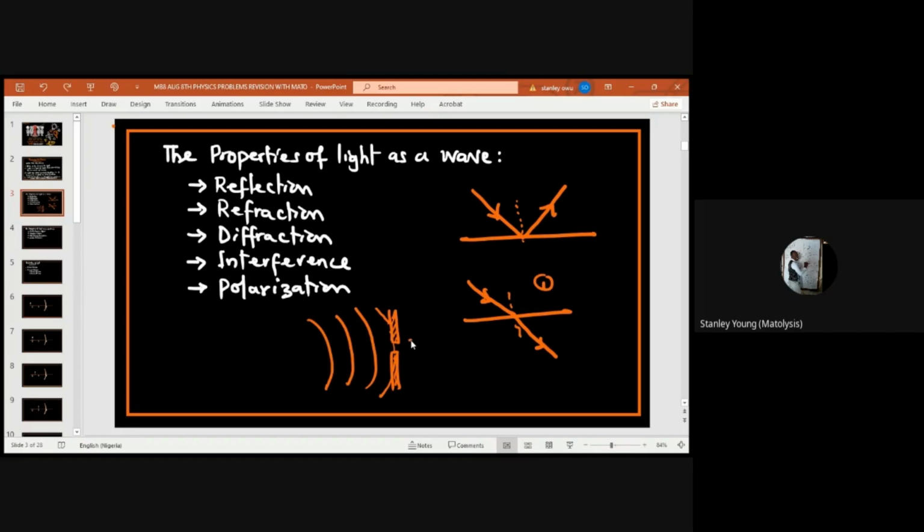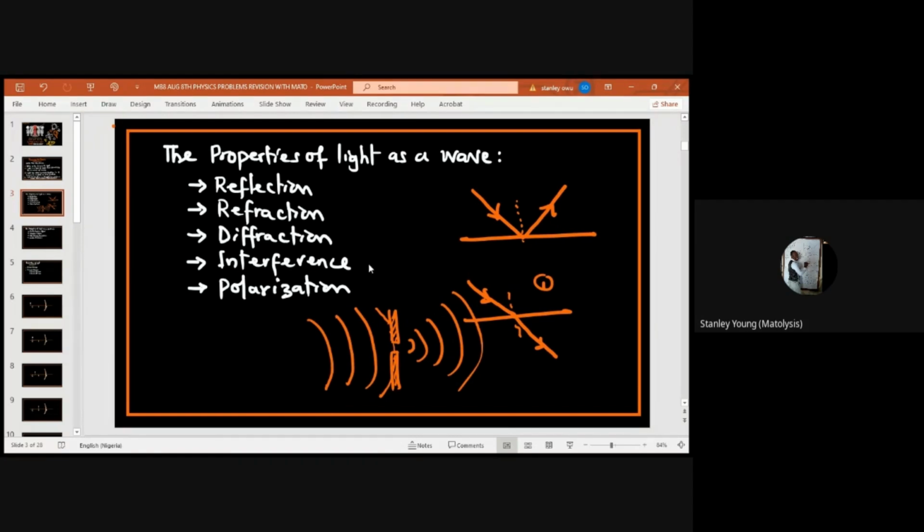So the bending of this wave as a result of this obstacle placed along its path of propagation is called diffraction. It doesn't have to be slits, it could be an obstacle. One of the major criteria for diffraction is that the wavelength of the wave has to be bigger than the size of the slit. If the wavelength is smaller than the size of the slit, diffraction is not going to happen.